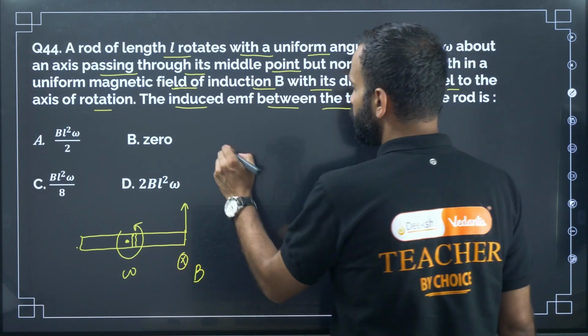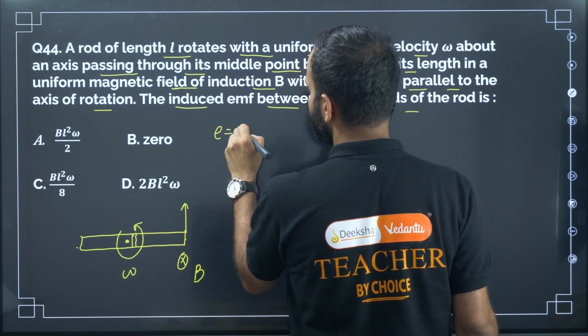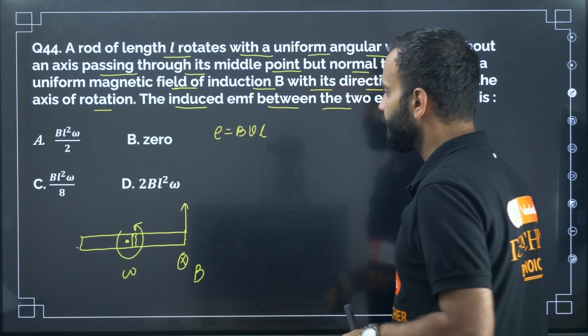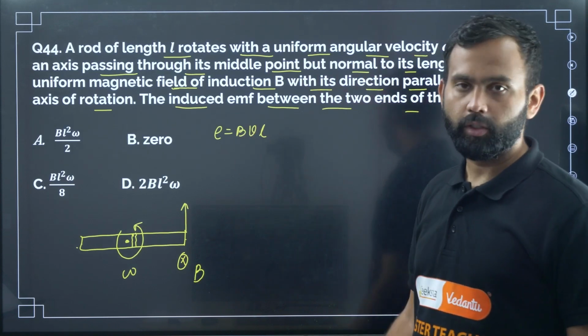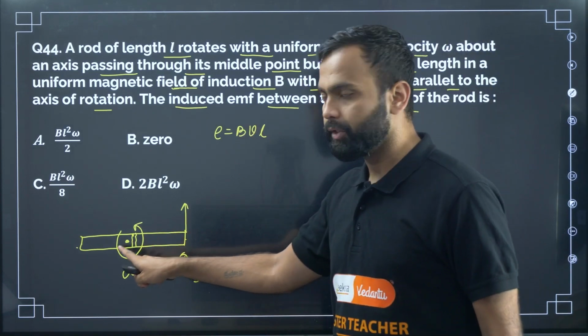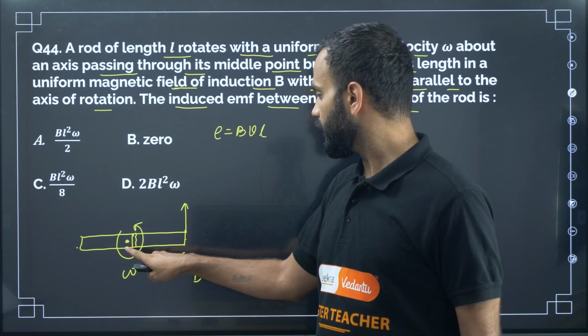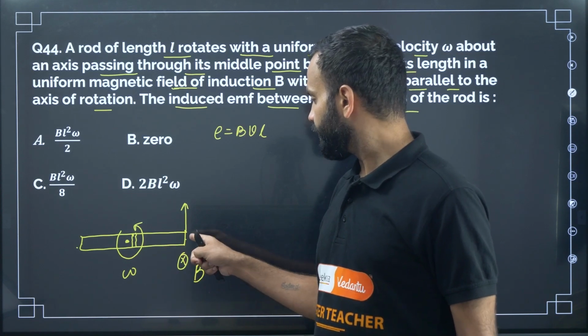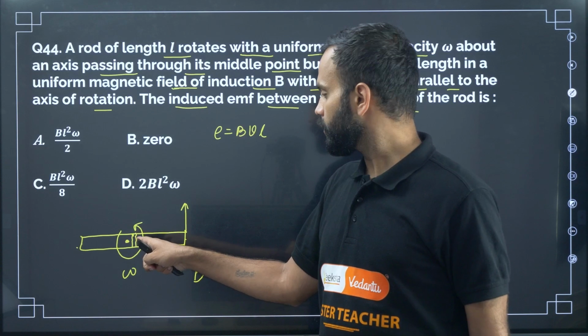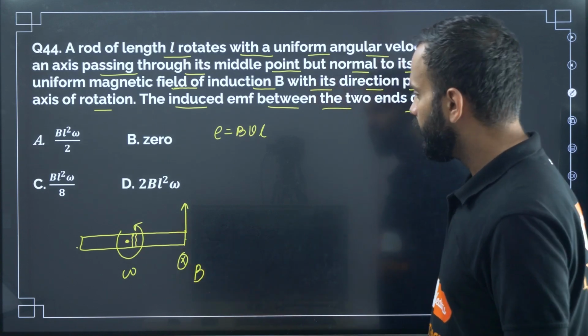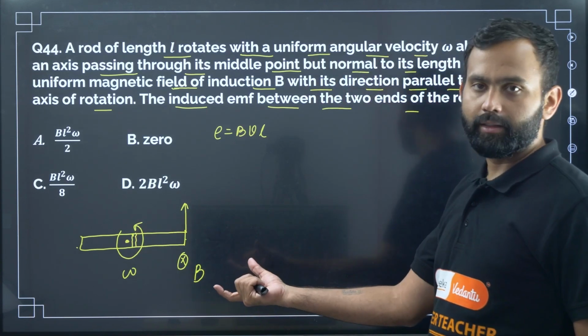Induced EMF or motional EMF E equal to B into V into L. So V is linear velocity. So induced EMF depends on linear velocity. Here the linear velocity decreases as you move from end of the rod to the axis of rotation of the rod, right? So now it decreases.